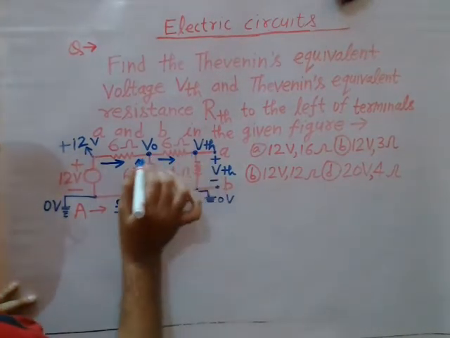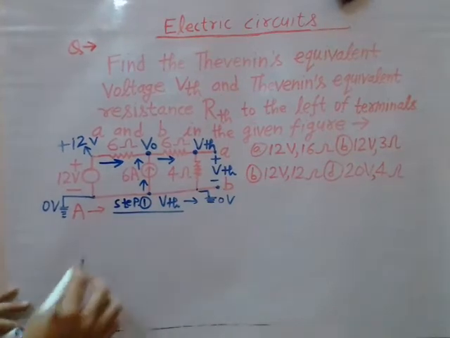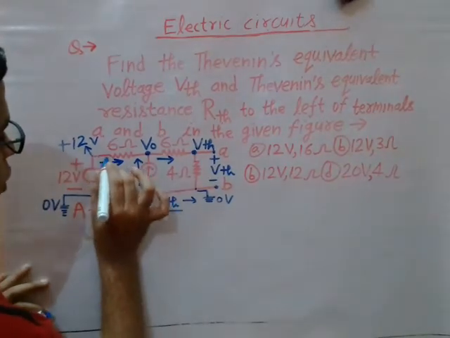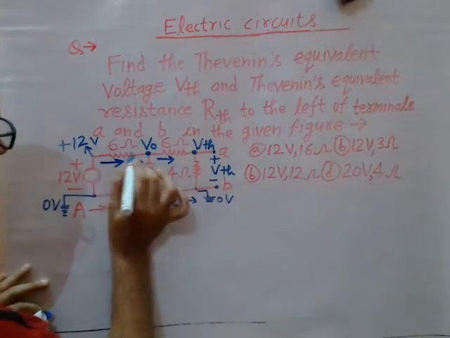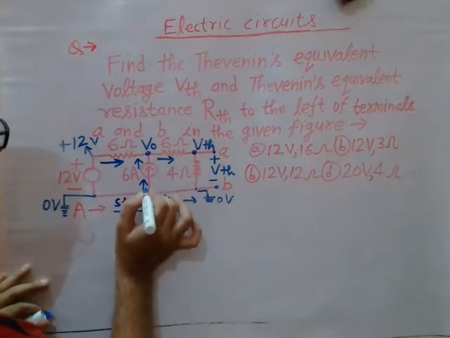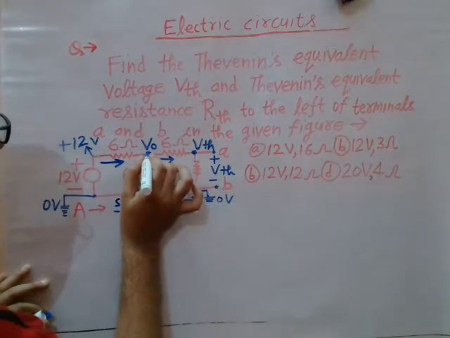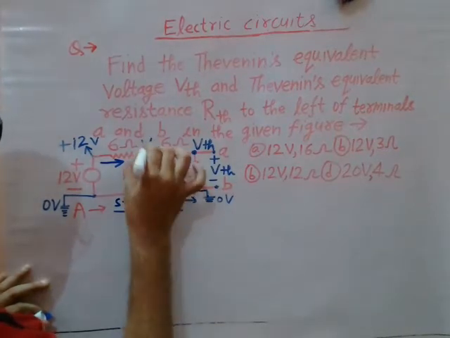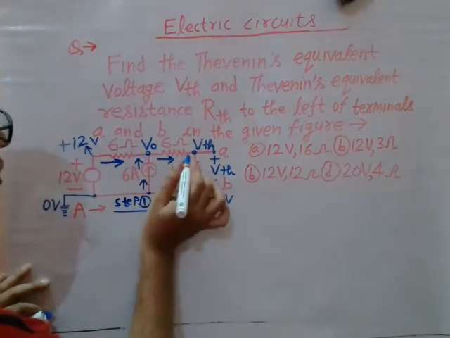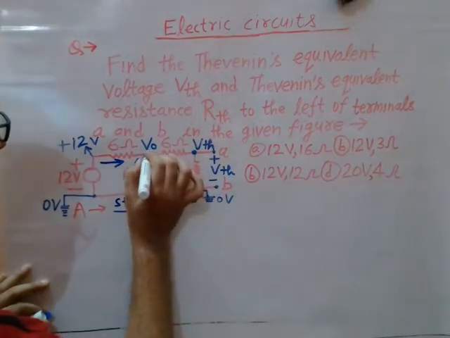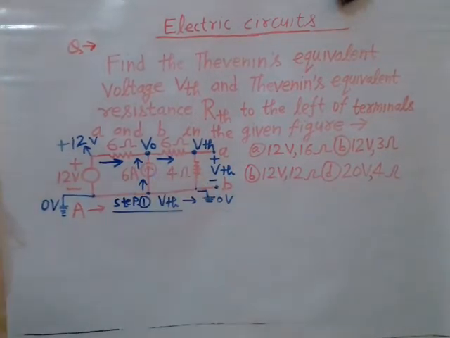What is Kirchhoff's current law? It says that the algebraic sum of all the current incoming at the node is equal to the algebraic sum of all the outgoing current from that node.